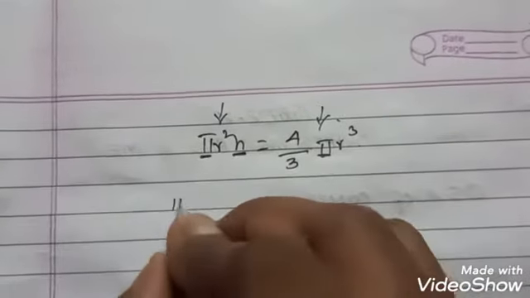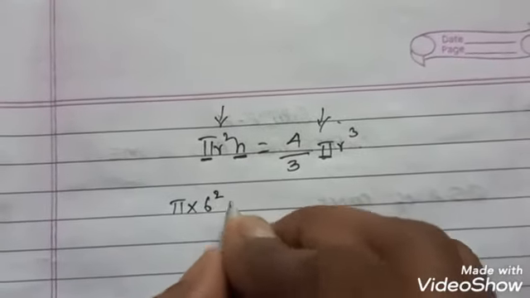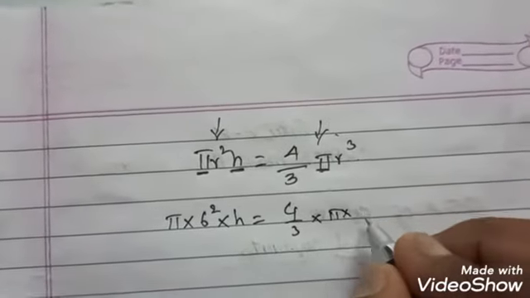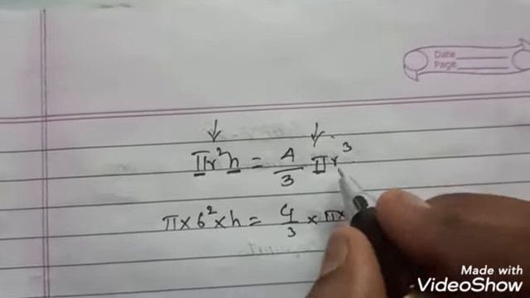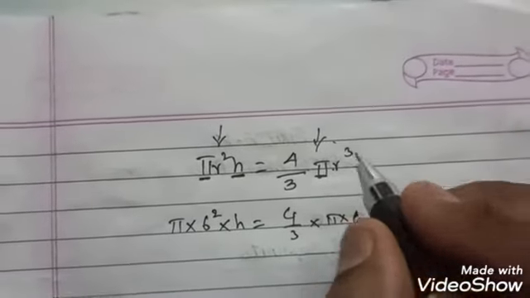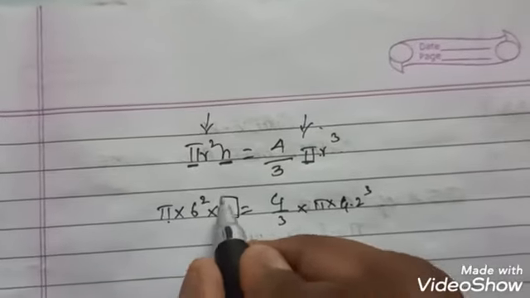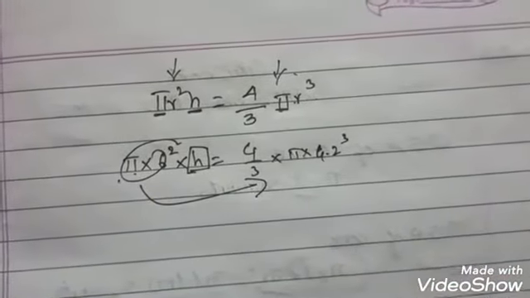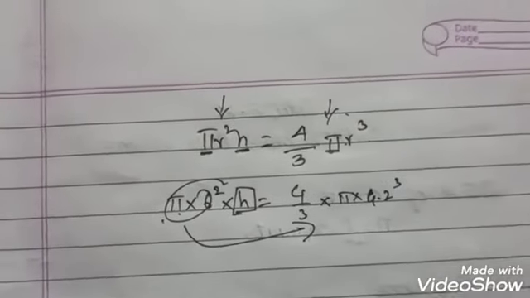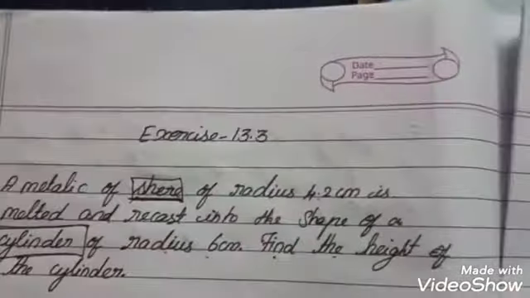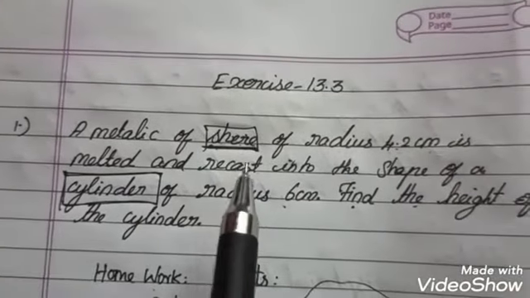So pi into 6 square into h equals 4 by 3 into pi into r cube, that is 4.2 cube. Keep this h, and the remaining values go to the right hand side, and you make cancellation of everything. So I have explained 75% of the question. You must solve this question as your homework.